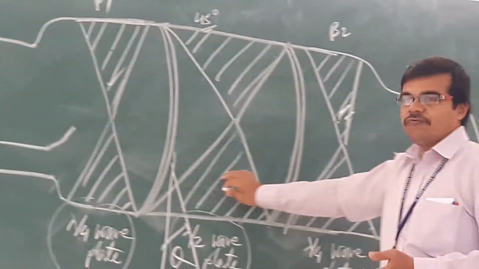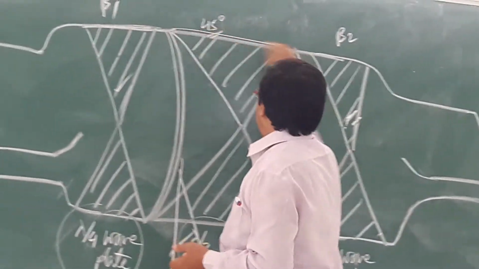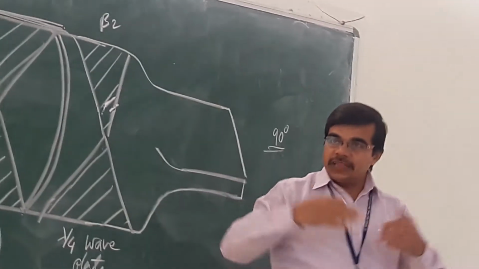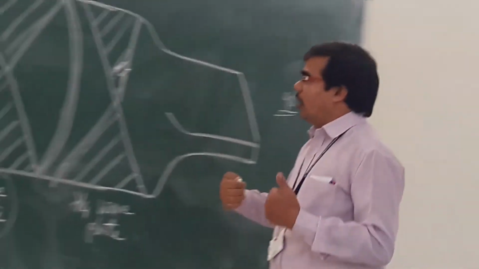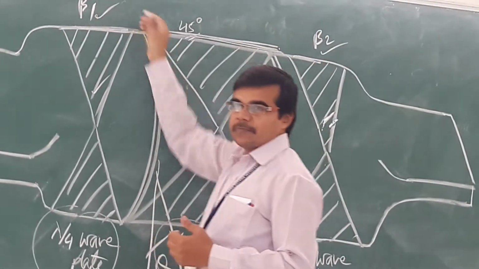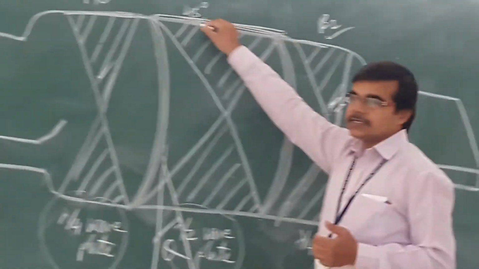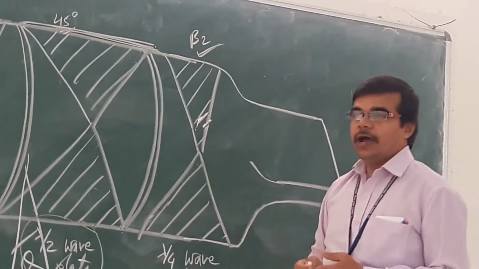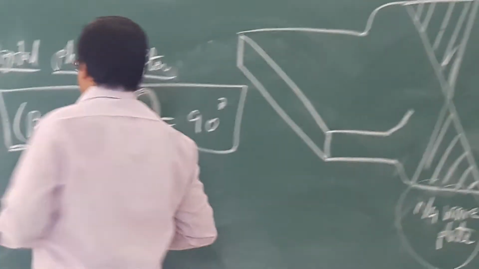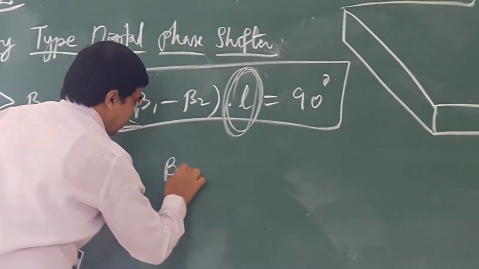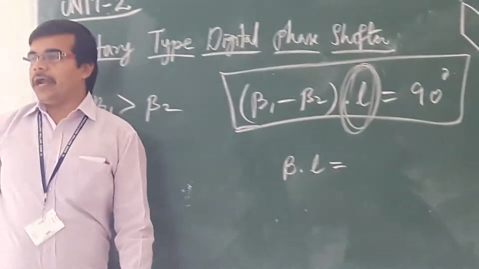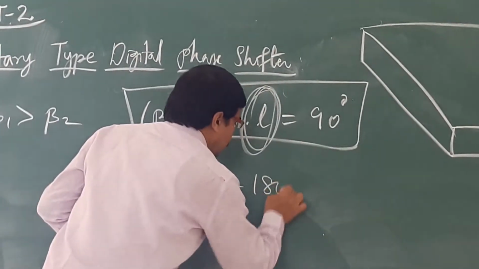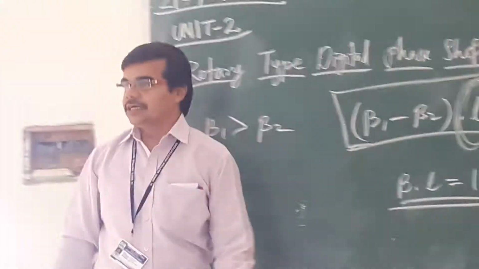Similarly, for this one, by seeing itself we can say that the length will be more as compared to the end plates. Here, whatever the phase constant we have, the product of the phase constant with respect to the length should be equal to 180 degrees.